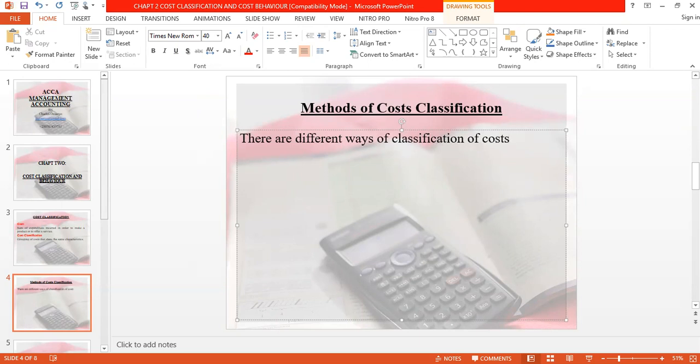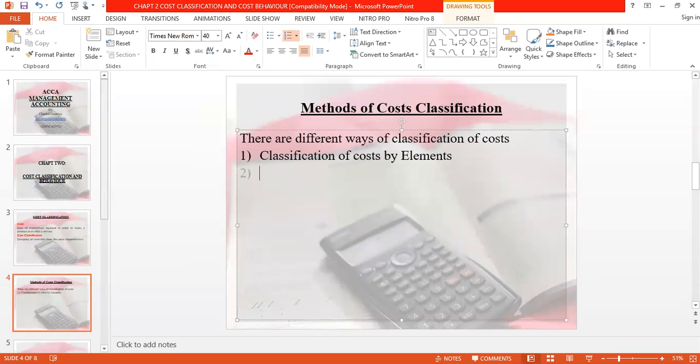There are different ways that we can use to classify costs. Number one, we can use classification of costs by elements. In other words, we can classify costs depending on their elements. We will look at that.